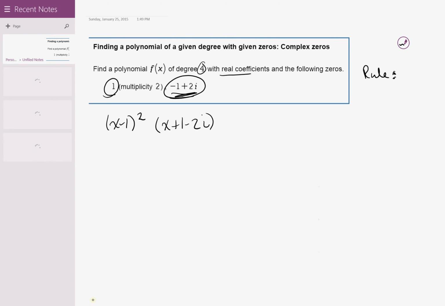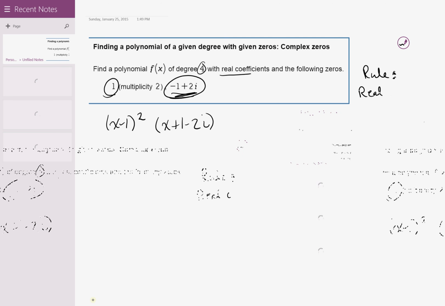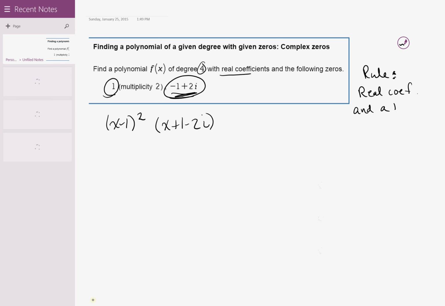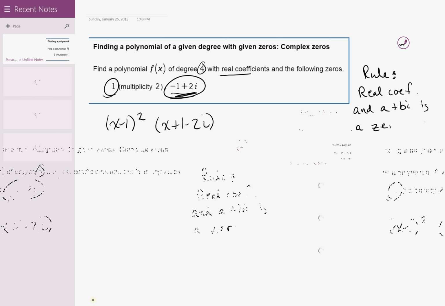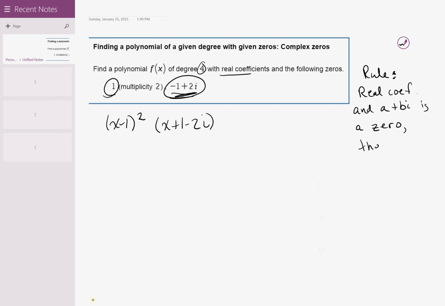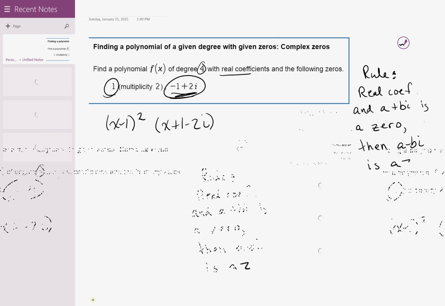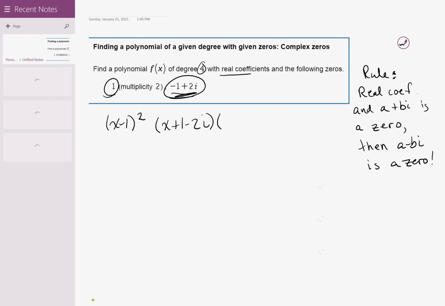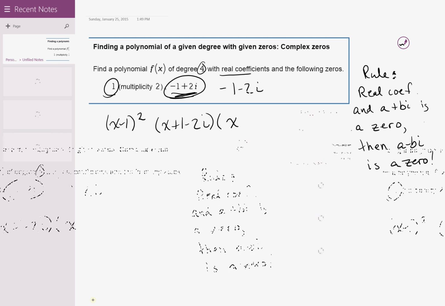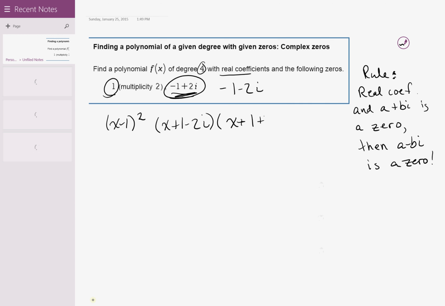If I have real coefficients and a plus bi is a 0, or also called a root, then a minus bi is a 0 also. So I know that my other 0 is negative 1 minus 2i, giving the factor x plus 1 plus 2i.